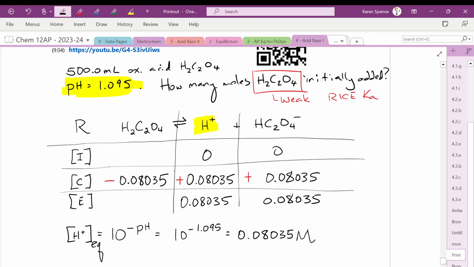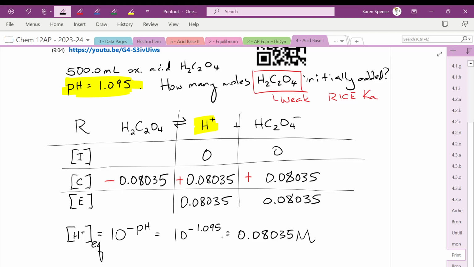Your answer should have 3 sig figs, but I'm keeping an extra digit so that I don't get a rounding error. In fact, I'm keeping this entire thing on my calculator. I just keep track of the fact that I will need 3 sig figs later on. Okay.